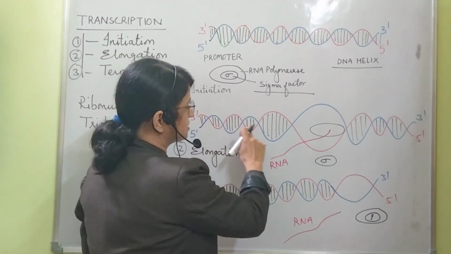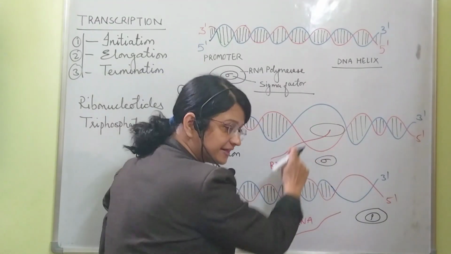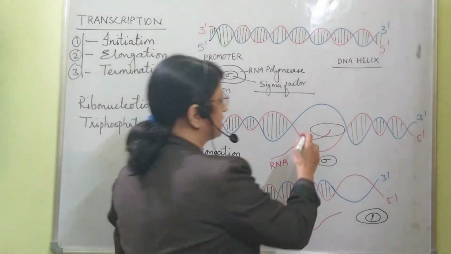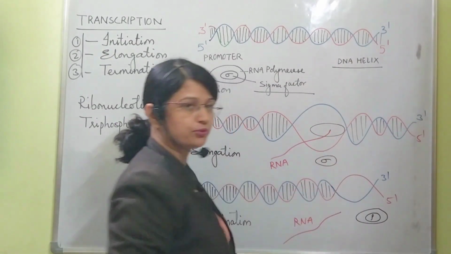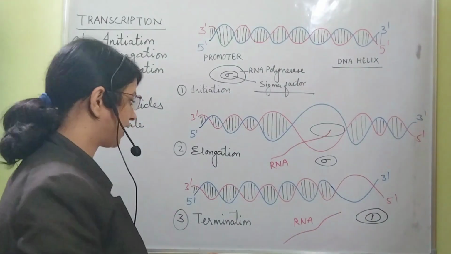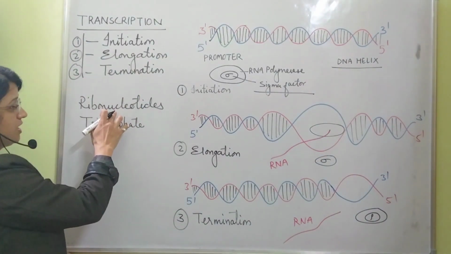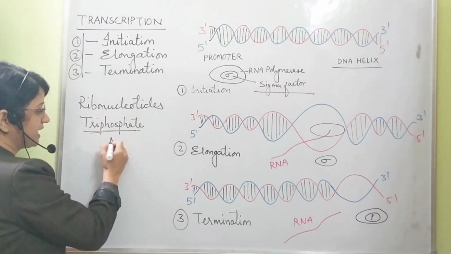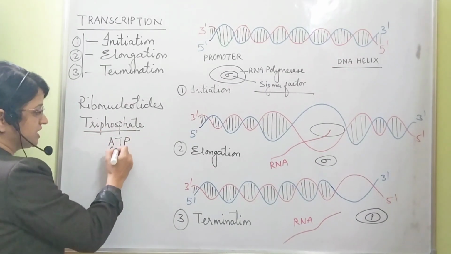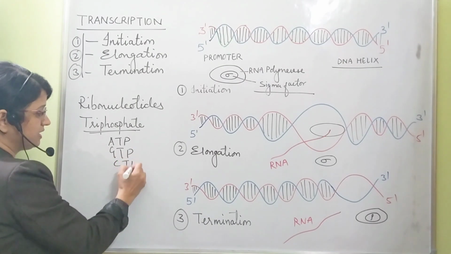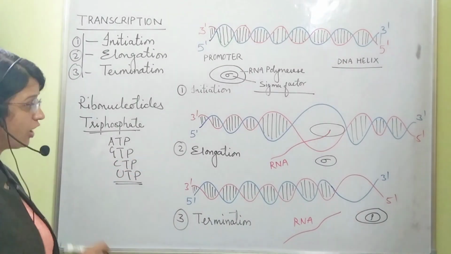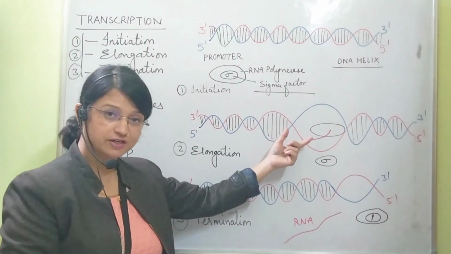This is our template strand, which has been shown in red color. The ribonucleotides will come and lie opposite to the template strand or antisense strand. I told you they are present in the form of triphosphates, that is ATP, GTP, CTP and UTP. Clear? Now what will this RNA polymerase do?